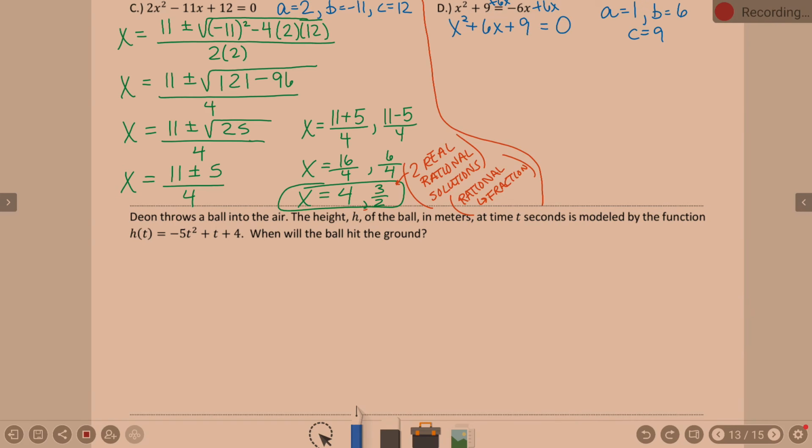So here we go. Negative B. Well, if B is 6, what's negative B? Negative 6 plus or minus the square root of B squared, so 6 squared, minus 4 times A, which is 1, times C, which is 9, all over 2 times A, so 2 times 1.